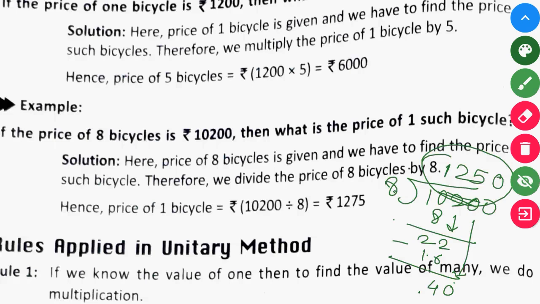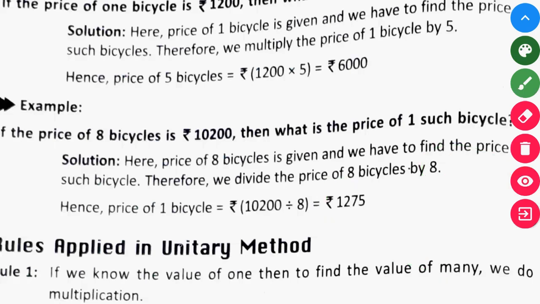Sorry, this is 6. So 8 sevens are 56, 4 is remainder, and 8 fives are 40. So the price of one bicycle is 1275.